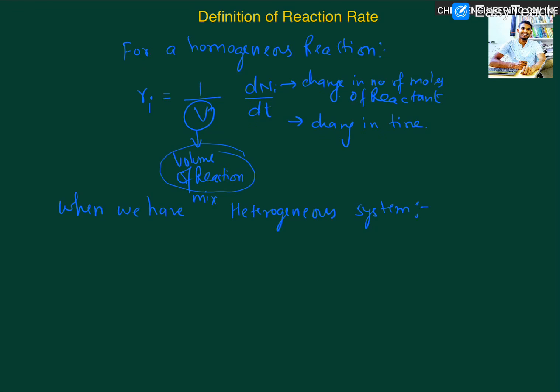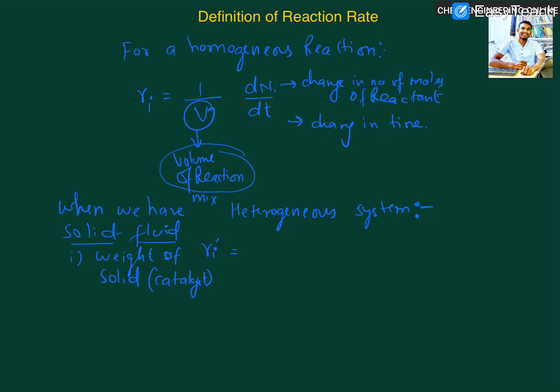Suppose if we define based on a solid-fluid system, that means the reactants are of two phases, solid and fluid, so obviously heat and mass transfer rate becomes important in this type of reaction system. So for that, based on the weight of solid, and what is solid here, solid will be generally catalyst, this will be catalyst.